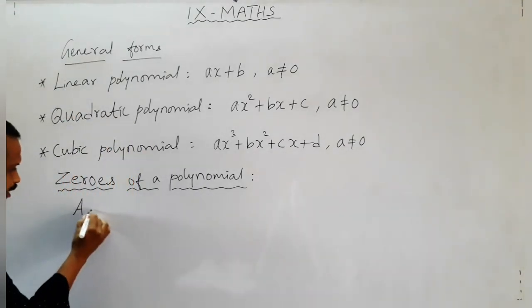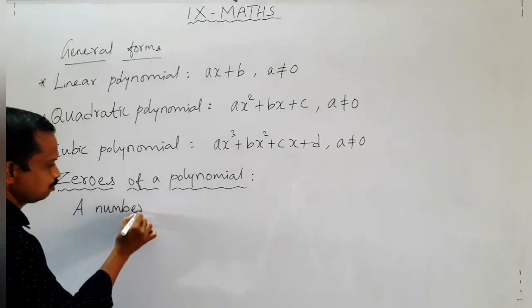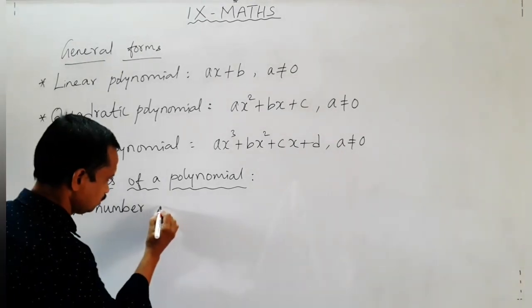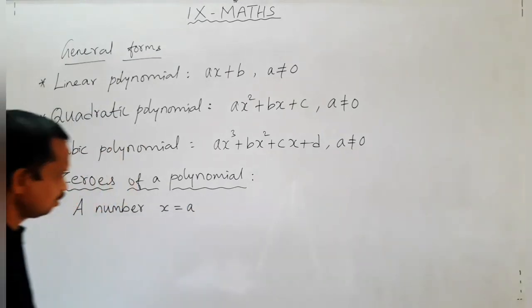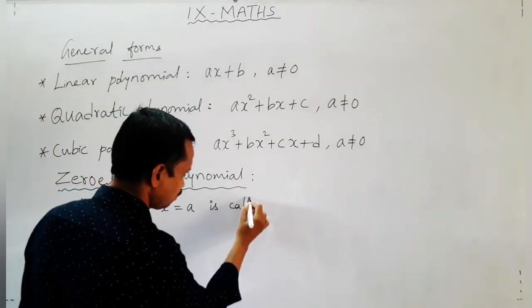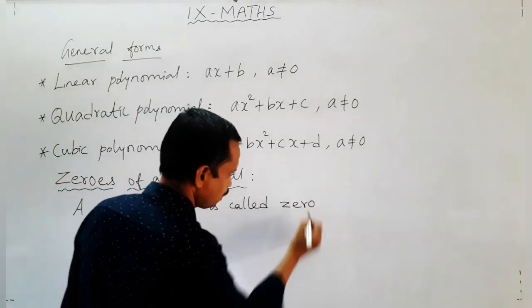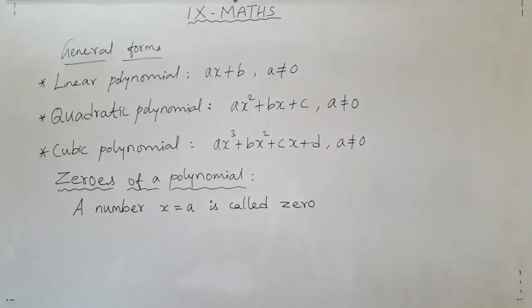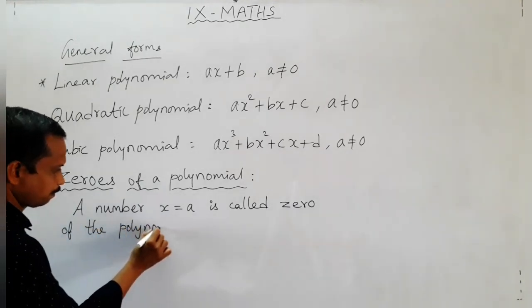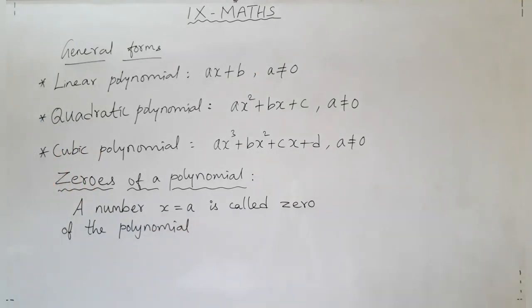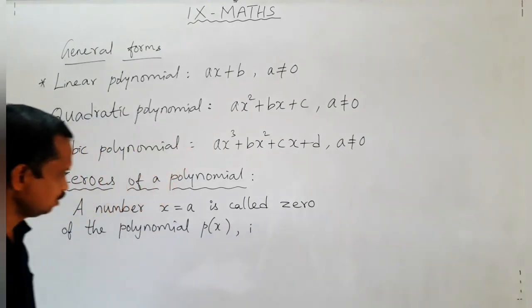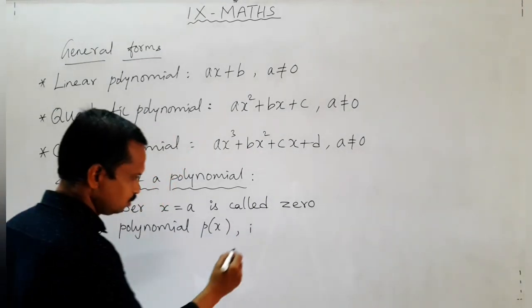Just write the definition: a number x equal to a is called a zero of the polynomial P of x if P of a equals 0.